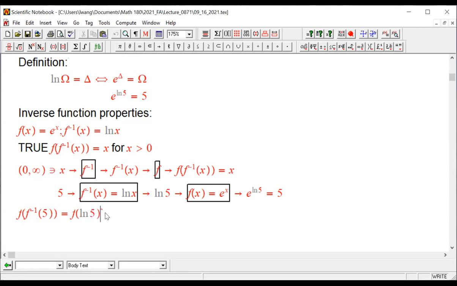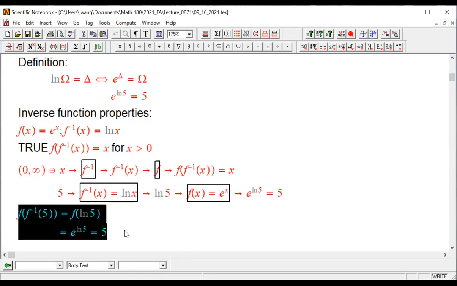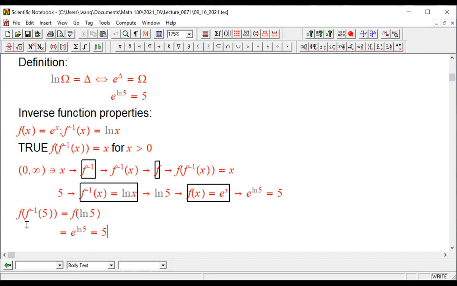And f of ln 5 is e to the power of ln 5, and that's going to equal 5. So from the flow to the actual mathematical expression, the mathematical notation certainly cuts down those arrows and other accessories. Mathematical notation is much shorter.